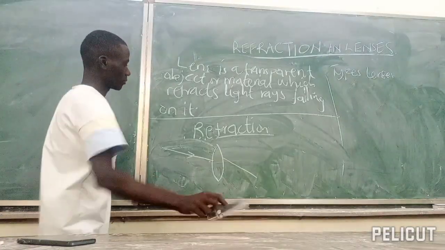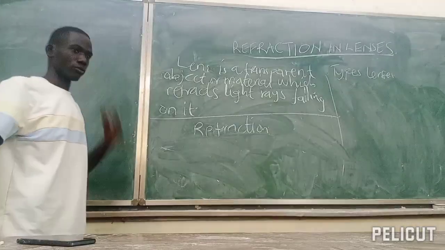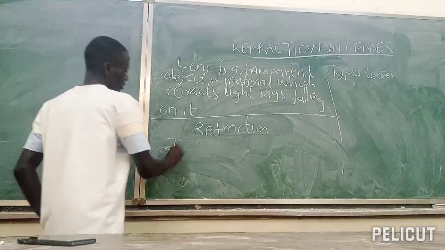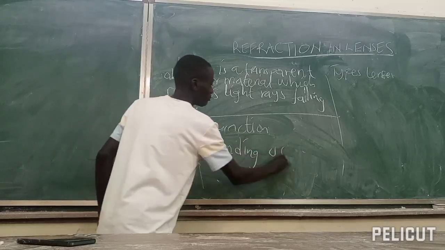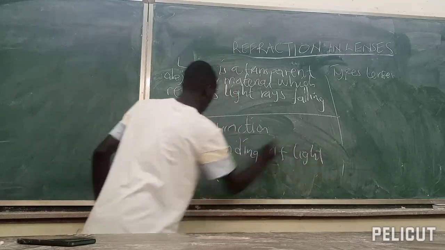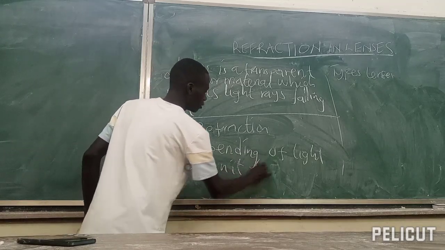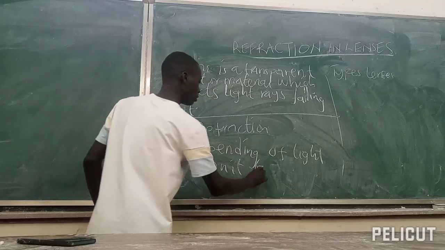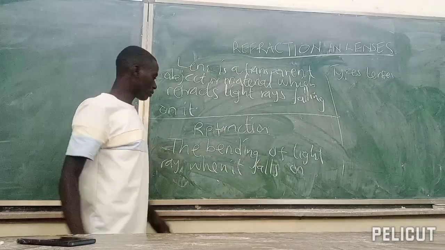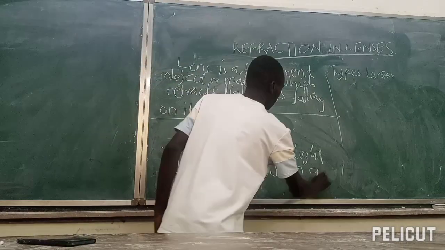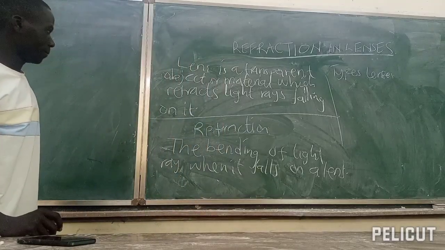That's what we call refraction. Simply the bending of light rays when they fall on a lens, any type of lens.